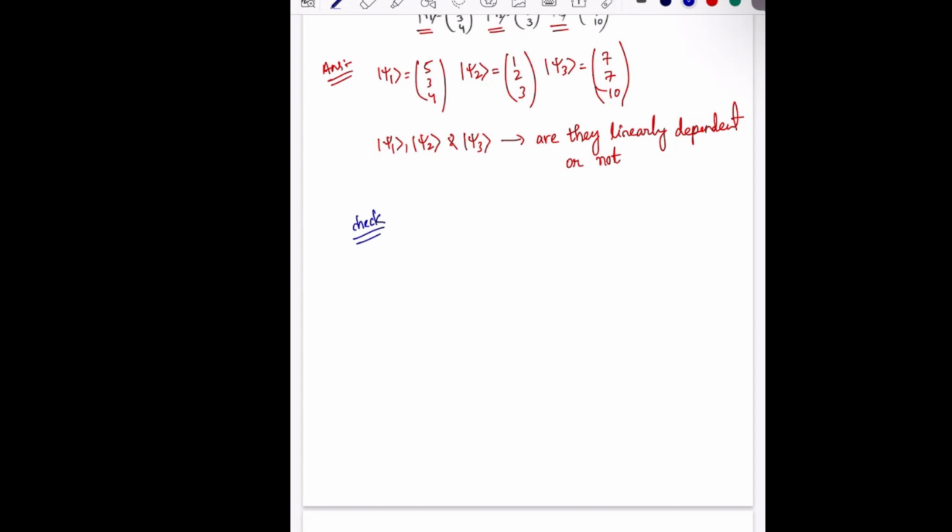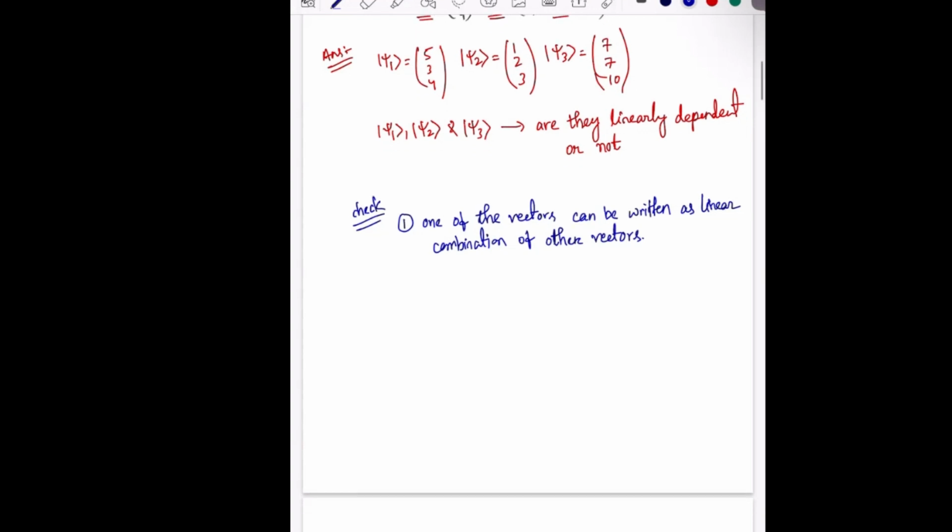The first quick check is, if three vectors are given, check whether one of the vectors can be written as a linear combination of the other vectors.